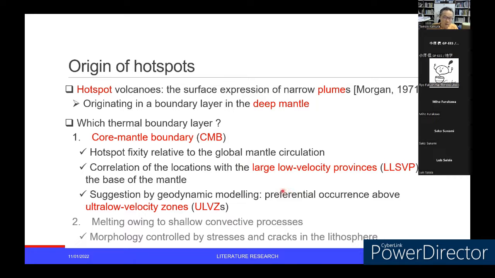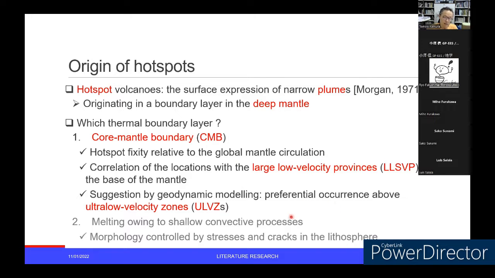And as I also explain later, the locations of the hotspots are correlated to the large low-velocity provinces, LLSVP, which is present at the base of the mantle. And geodynamic modeling also suggests a preferential occurrence of hotspots above the large low-velocity zones.